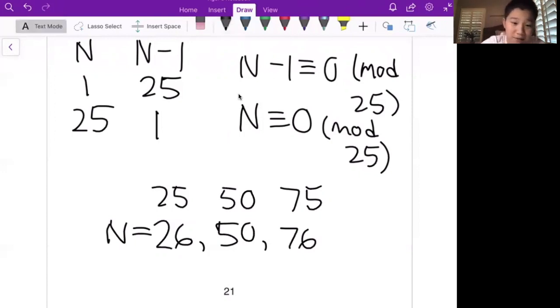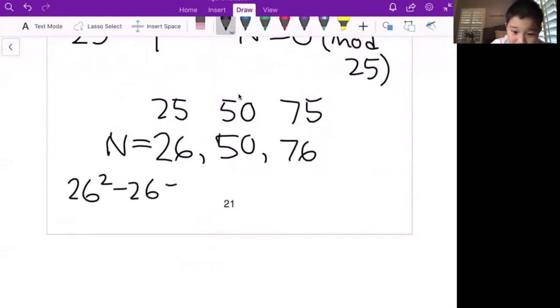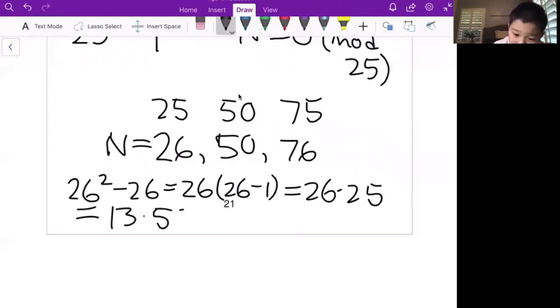Let's check each of them. So 26 squared minus 26 is equal to 26 times 26 minus 1 equal to 26 times 25, which is equal to 13 times 25 times 2, which is 50.